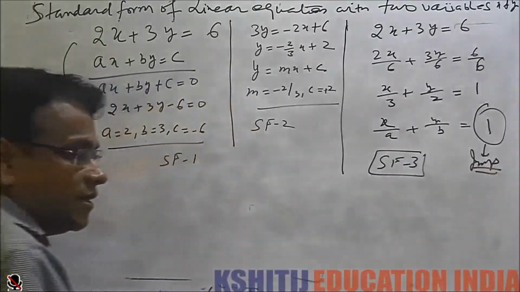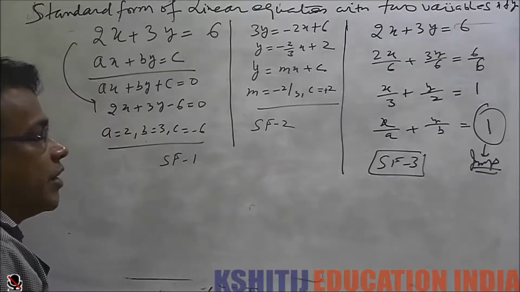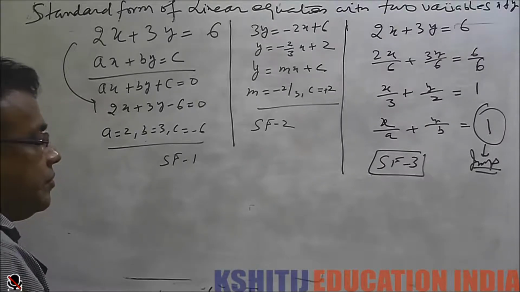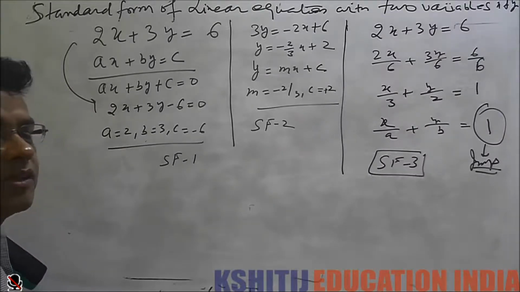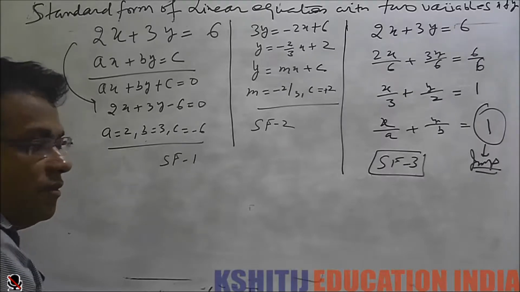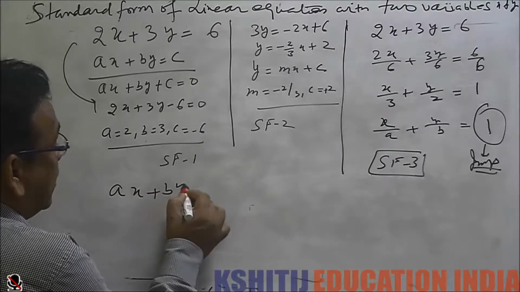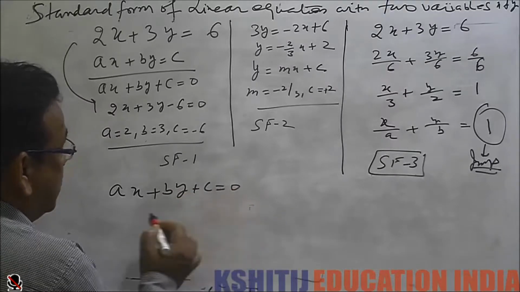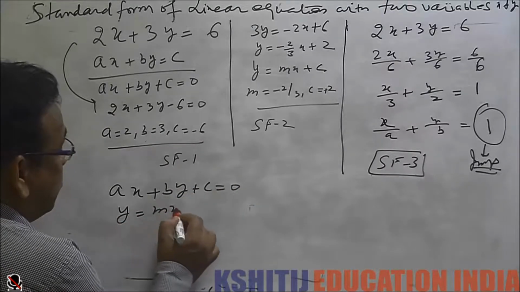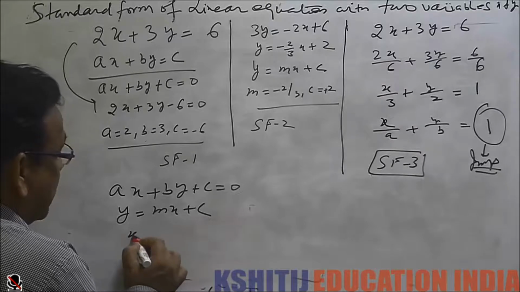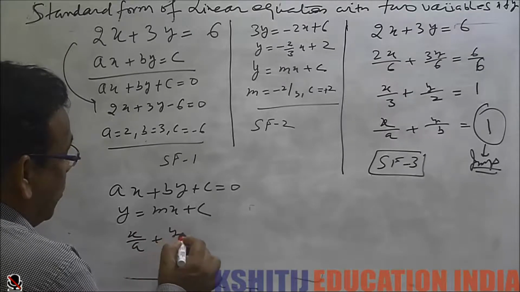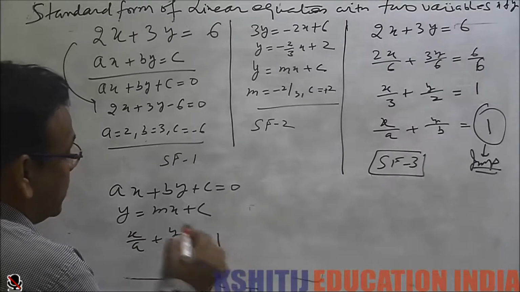So in this case, we have three forms. A linear equation can be expressed in three forms: ax plus by plus c is equal to 0; y is equal to mx plus c; x over a plus y over b is equal to 1.